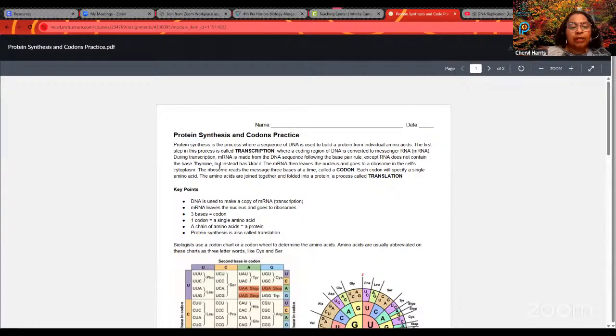All right. So at the top, it gives you a little review of what protein synthesis is, and it's the process in DNA that builds the proteins from amino acids. So again, the whole point of this is to get those little beads to line up in the correct order to make the protein that is needed for whatever it is trying to make. It could be making skin, it could be making eyes, but you need the protein to be coded for that. Also, she kept saying it changes languages, but it's not speaking different languages.